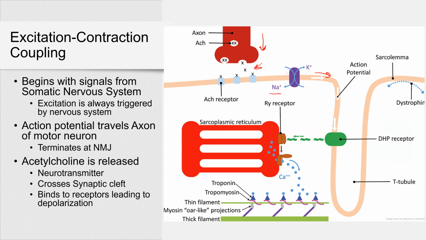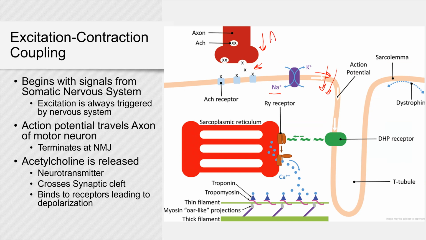Acetylcholine causes sodium to move in. And when sodium starts moving in, it will open another channel, the sodium voltage-gated channel. And we have lots of sodium moving in, right? And when charged particles move in and out, that's what electricity is. So now we generate an action potential that travels through our muscle cell membrane, or sarcolemma.